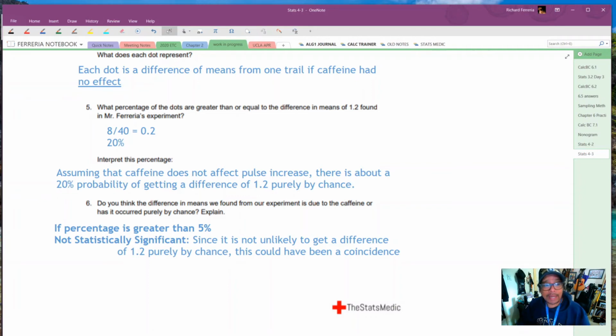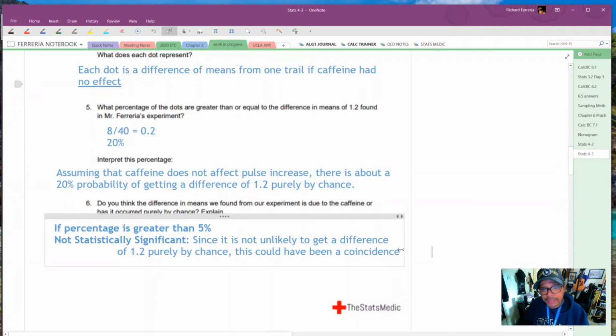So we would call that experiment not statistically significant. Since it is not unlikely to get a difference of 1.2 purely by chance, this could have been a coincidence.